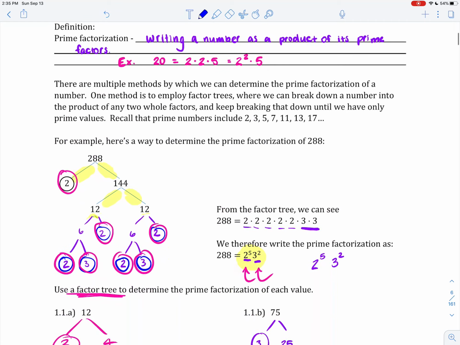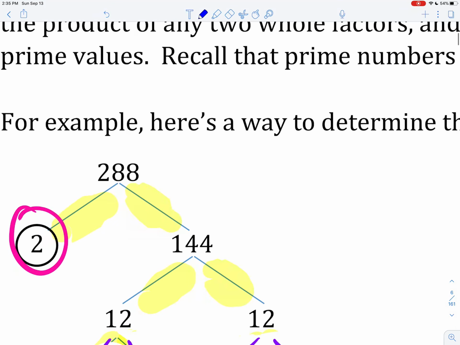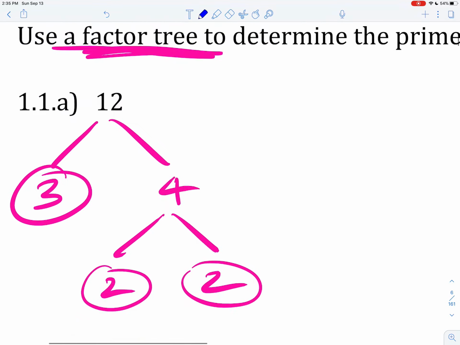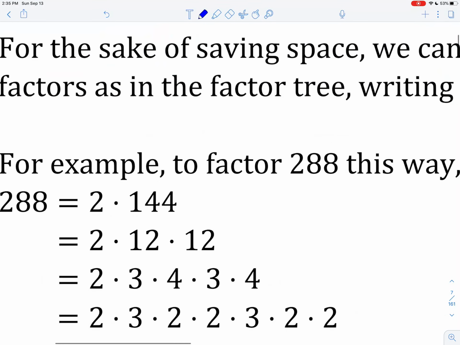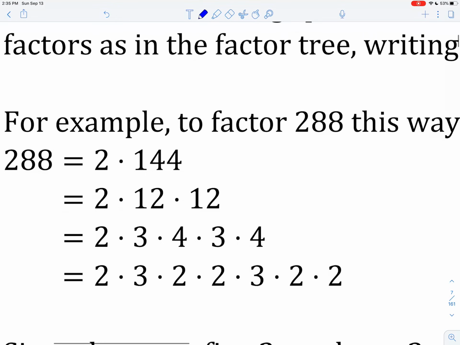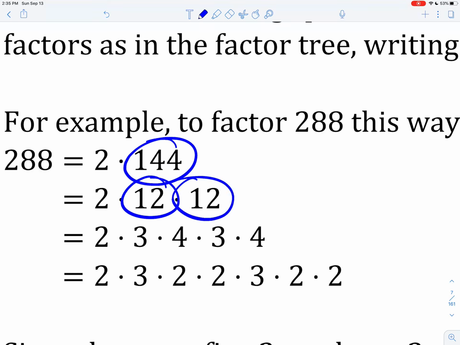So just as above, we said that 288 was 2 times 144. And just as with the factor tree on the previous page, we said 144 is the same as 12 times 12. We have that here as well.